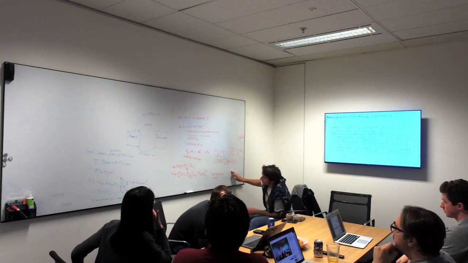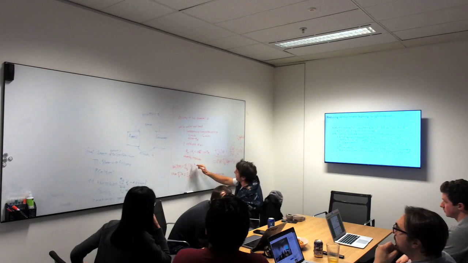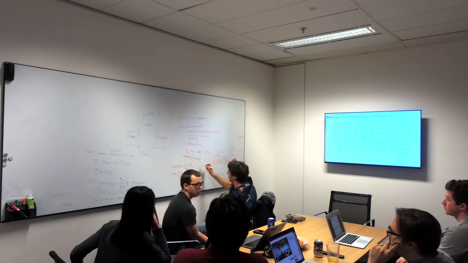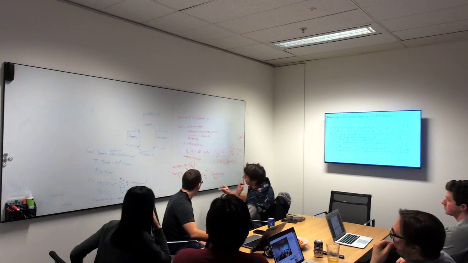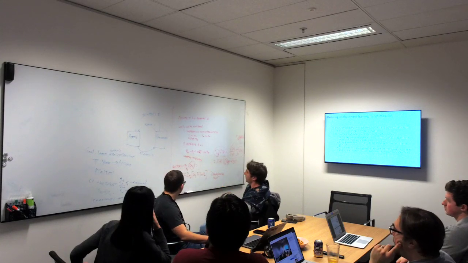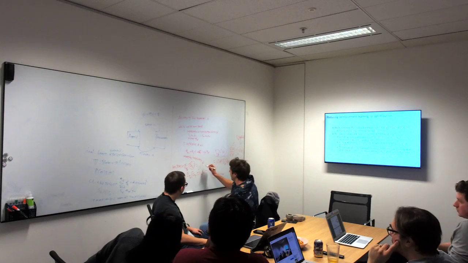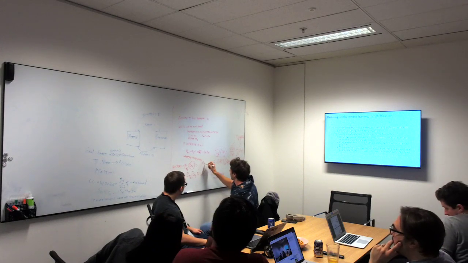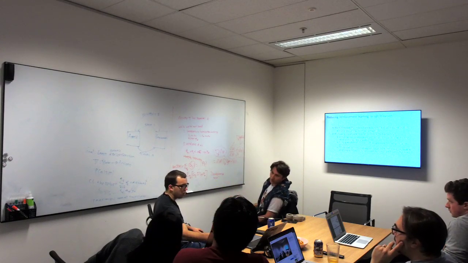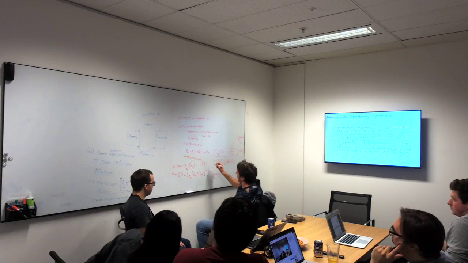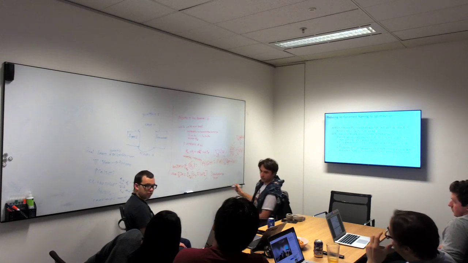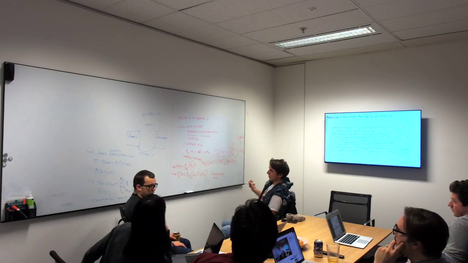And this return, if you then write down the integral, you get the probability of the trajectory multiplied by the return of the trajectory, right? Yes.